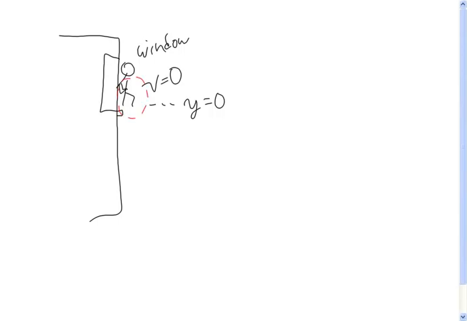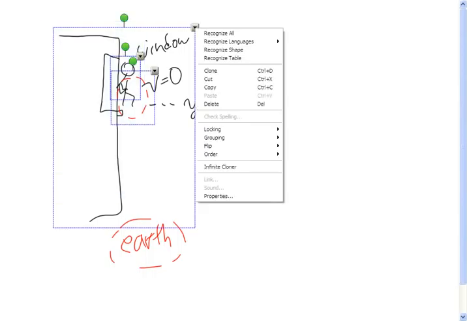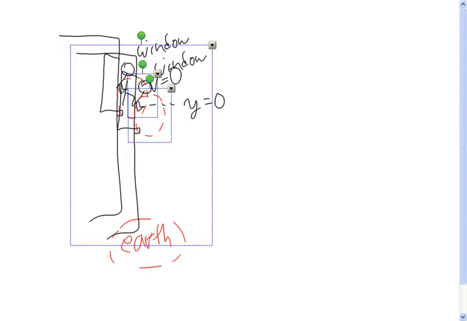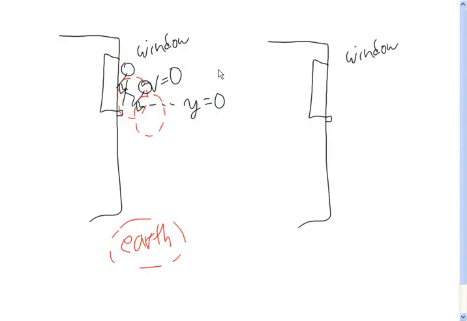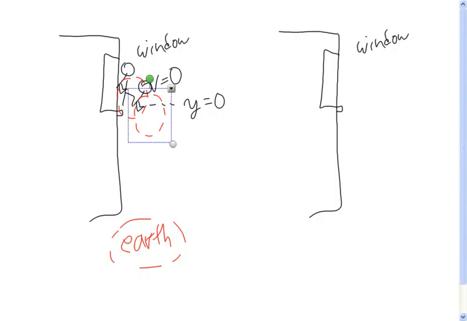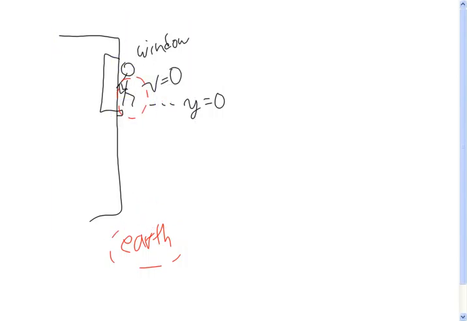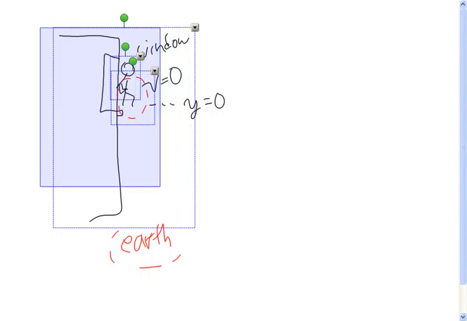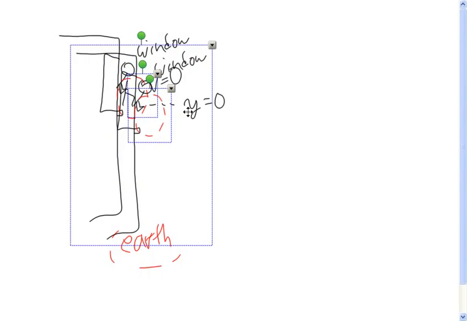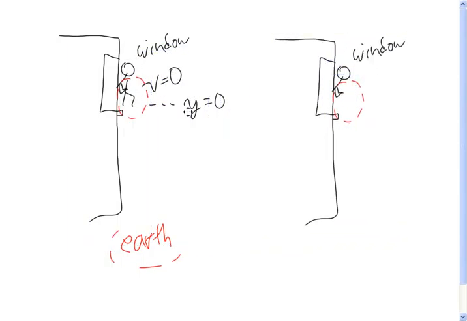Let's specify our system. My smartboard is weak today. In the final state, the chair is moving very fast indeed toward the ground.